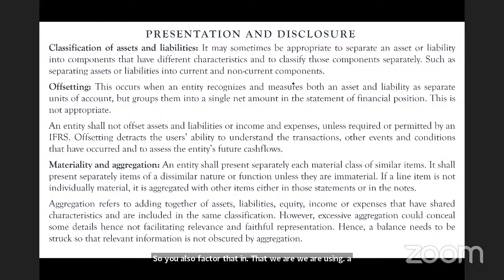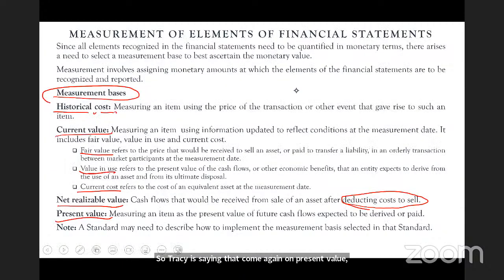Tracy is saying that come again on present value, please. If you really understood value in use, then present value is going to be very easy. Because if you are to measure an item using the present value, you're still going to look at its future cash flows.